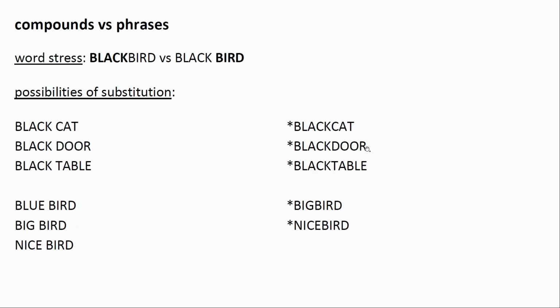But you can't do it with compounds. Words like blackcat, blackdoor, blacktable, bigbird, nicebird don't exist. Sometimes substitution is possible though. Bluebird is an example. It's another species of bird.